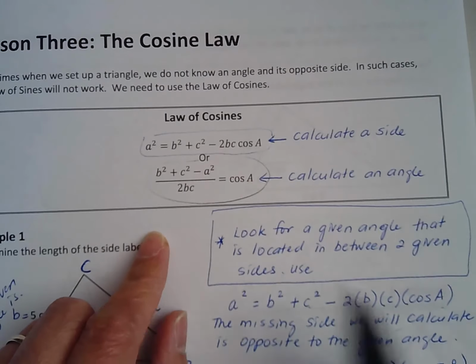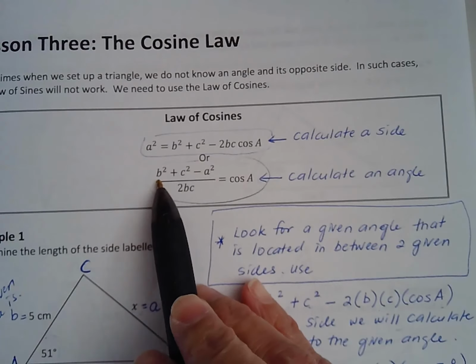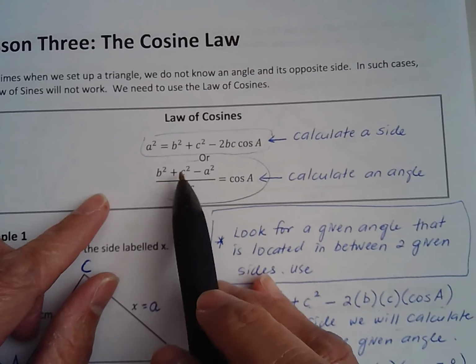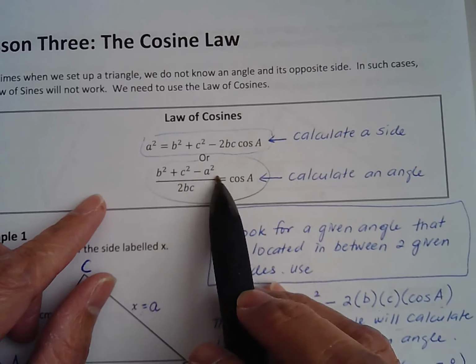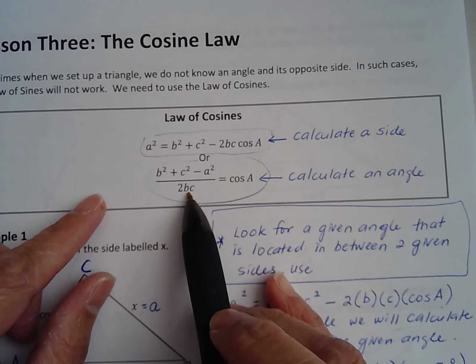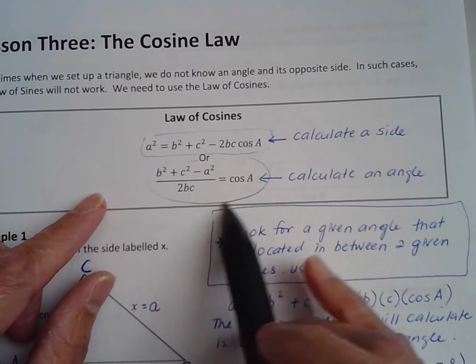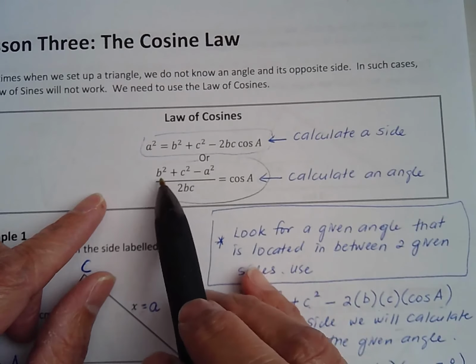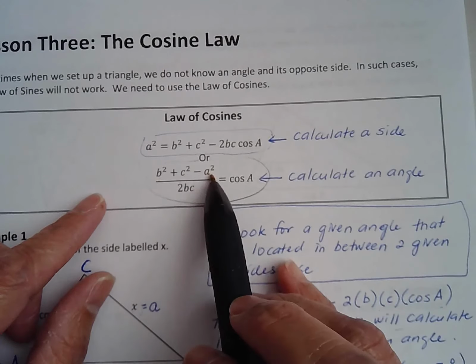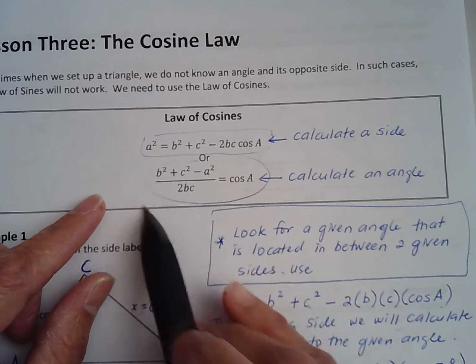If you look at the formula, we have b squared plus c squared minus a squared, all of that being divided by 2 times b times c. And if you look at that, the b, c, and a are all side lengths.